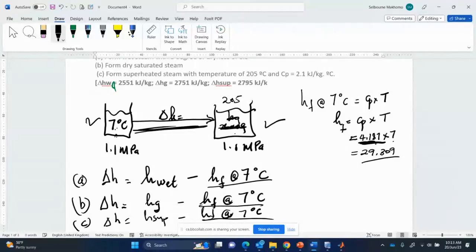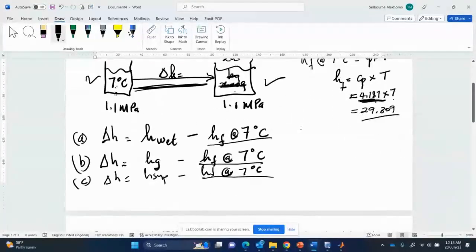Here we have 29.309. All we need to do now is to calculate the H wet. H wet is equal to HF plus X HFG at 1.1 megapascal.